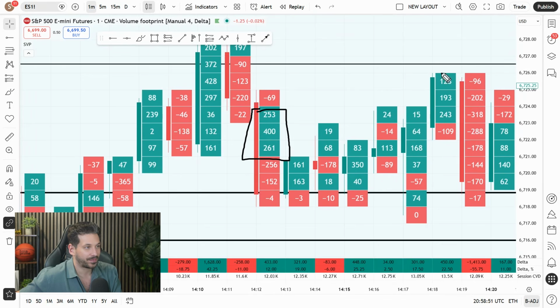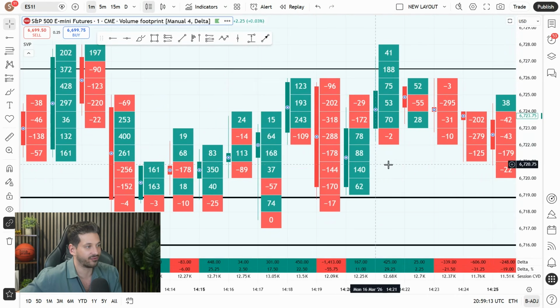Because the moment they went into profit, they didn't get out of the market, but they moved their stop to break even. And then this candle occurred and basically stopped them out, because look at all that volume that appeared in the same areas where they entered. They got stopped out at break even, and then they were out of the market.